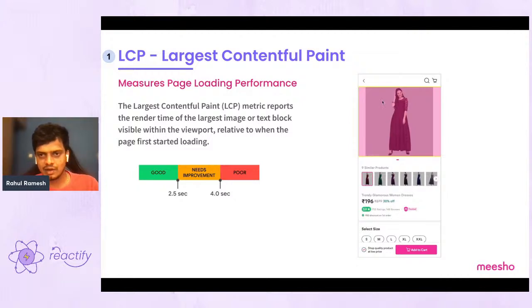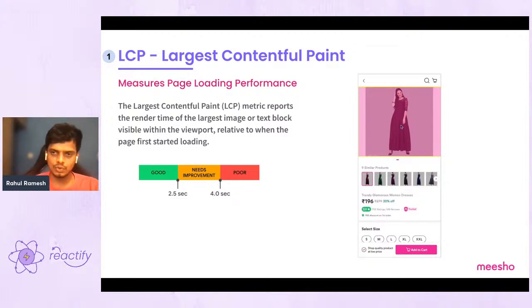For example, if only the header comes into the picture, that need not be the LCP element. It is the element on the page, be it an image or a text block, which occupies a considerable amount of the page and is one of the critical parts of the page.